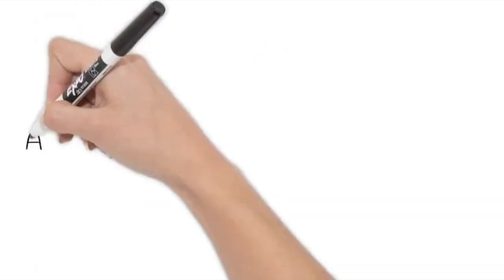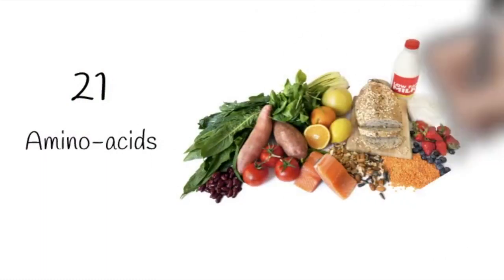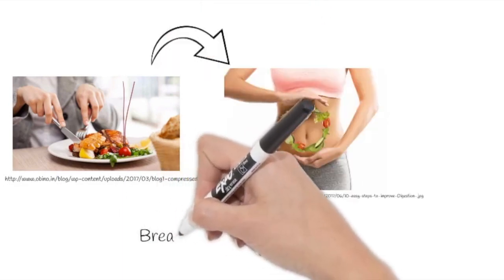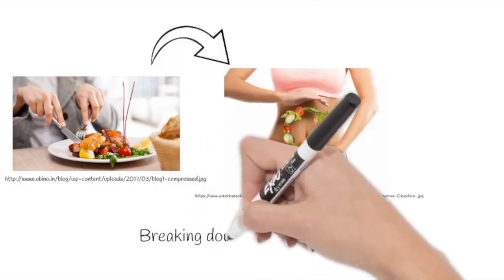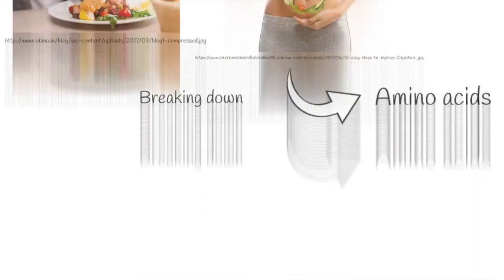Our body has the full capacity to create these proteins, as long as we supply it with all the essential amino acids through our diet. In other words, we eat proteins. During digestion, we break them down to the smallest particles, which are the amino acids.